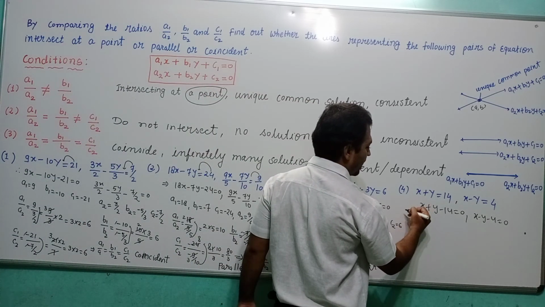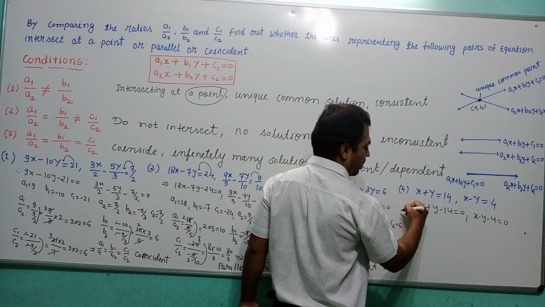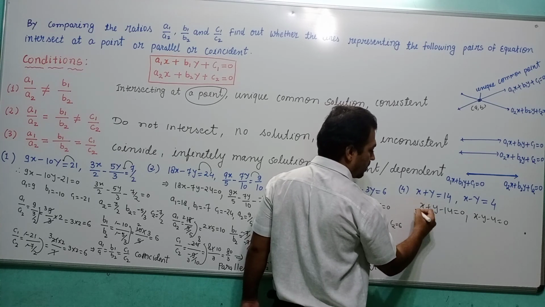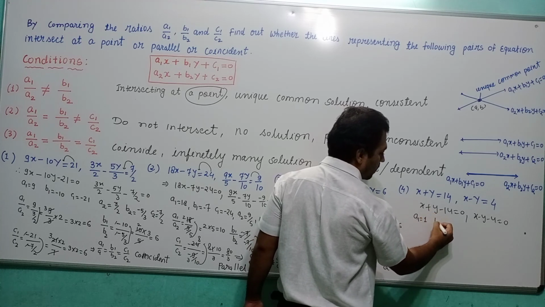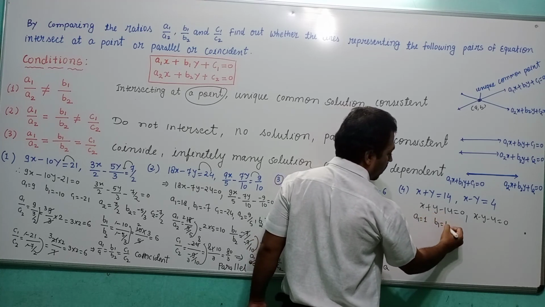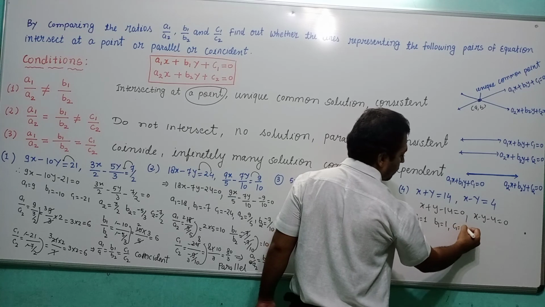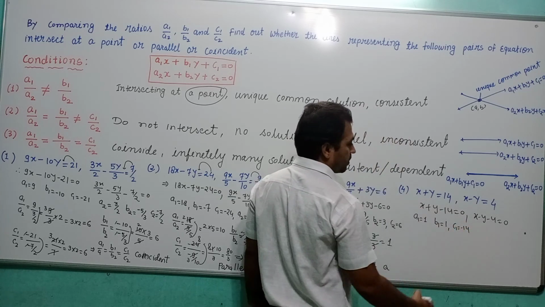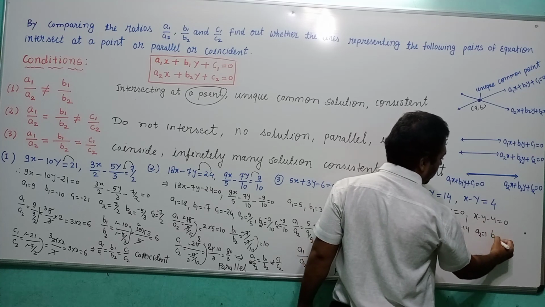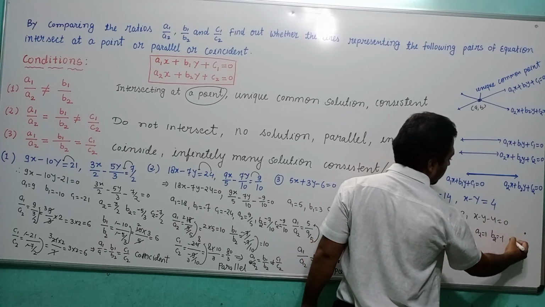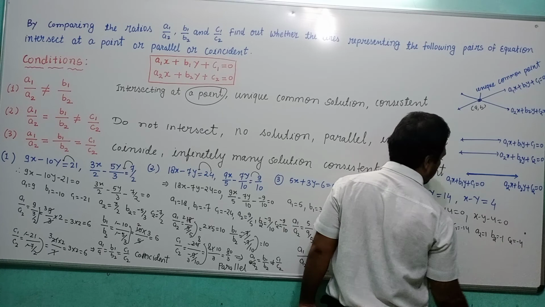So here you can see that the coefficient of x is nothing, which means a1 is 1. Here b1 is also 1 and c1 is minus 14. Similarly, a2 is also 1, b2 is minus 1 and c2 is minus 4.